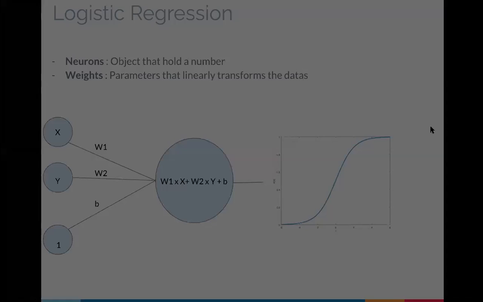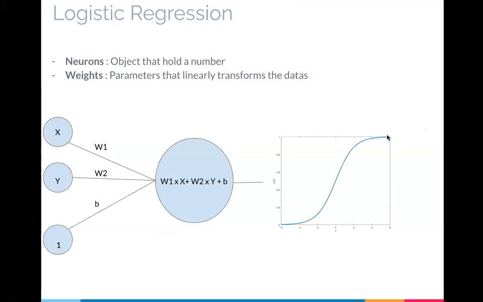What we want to do is to obtain some probability for each individual. So we can introduce the first two notions of deep learning. The notion of neurons: a neuron is an object that holds a number. And the notion of weights, which are parameters that linearly transform the data. For our specific example here, X would be the age, Y the physical fitness.